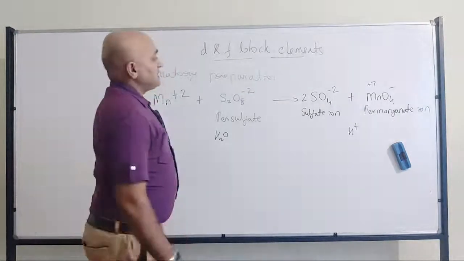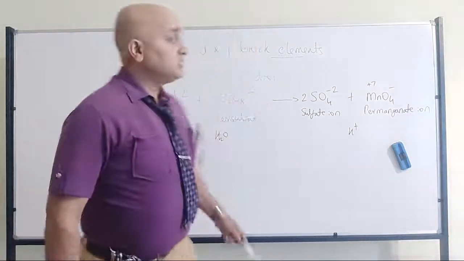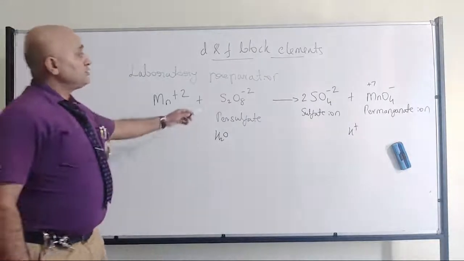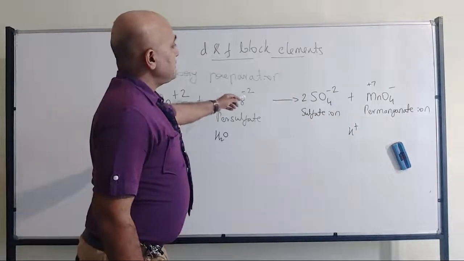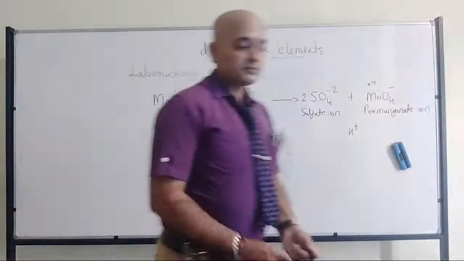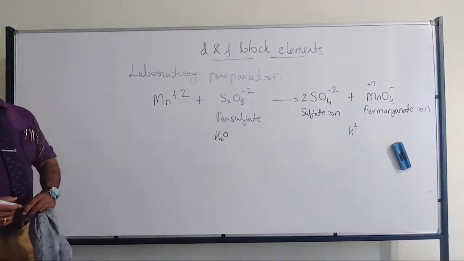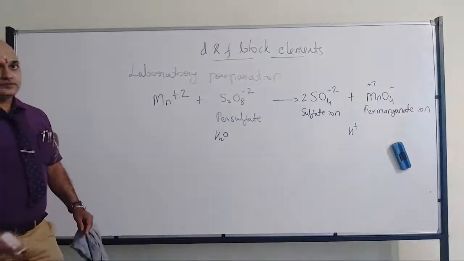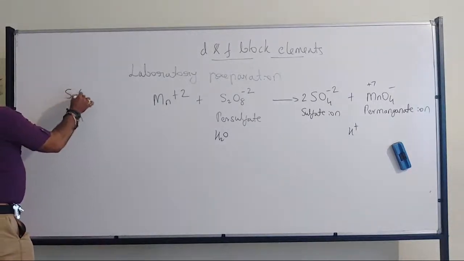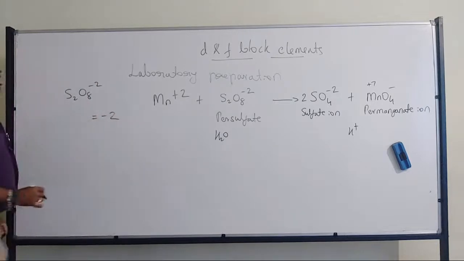Now, can you tell me how many electrons should be given by the Mn plus 2 to convert S2O8 minus 2 into sulfate? First, if you want to calculate, you can calculate. S2O8 minus 2, that is minus 2.